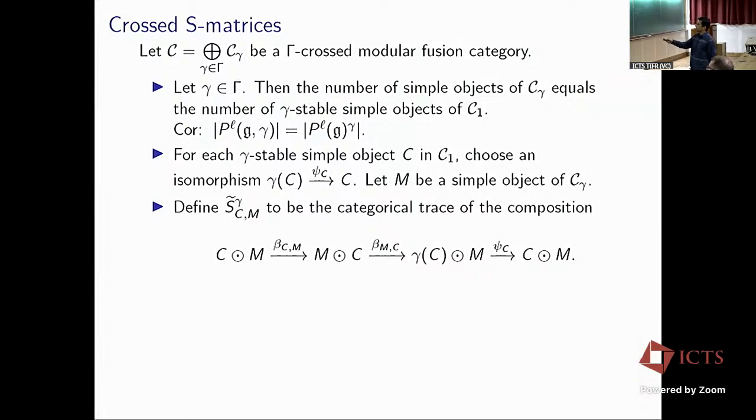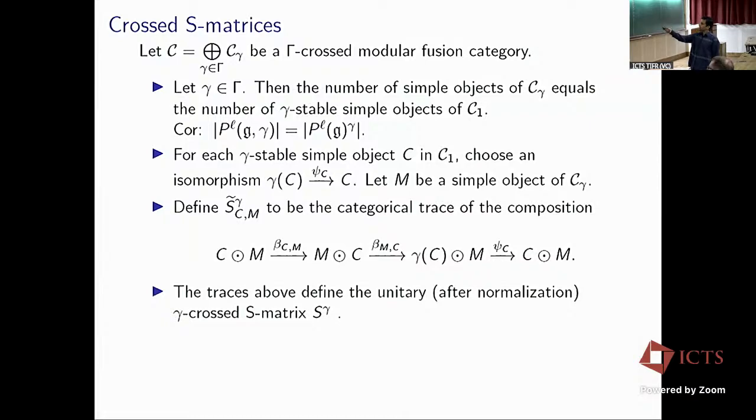So we have a map from C fusion M to C fusion M, and we take the categorical trace of this. Because our categories have a ribbon structure, it makes sense to take the categorical trace of an endomorphism, and this gives us a complex number. If you choose such a C and such an M, you get a scalar.